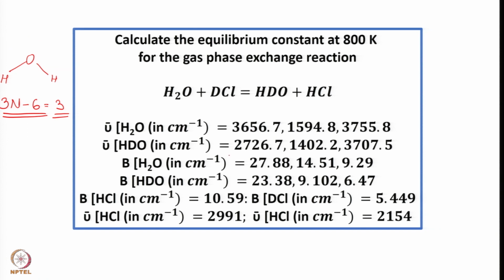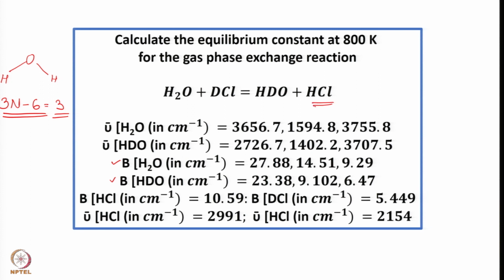HDO being a non-linear molecule, you have again 3 normal modes of vibration. Rotational constants for water are 27.88, 14.51, 9.29, non-linear rotor. Both H2O and HDO are non-linear rotors, therefore you will require the values for A, B, C, 3 rotational constants.